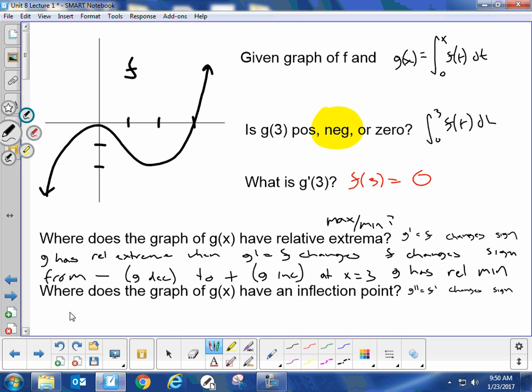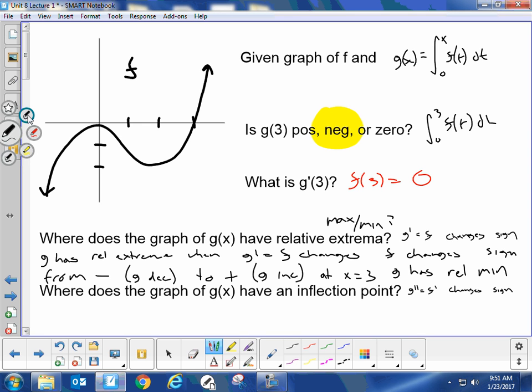The concavity changes, it looks like at 1, where we go from concave down to concave up on the graph of F. But when I look at values of F prime, do I look at concavity? What do I look at? Slopes. So it's when the slopes of F change sign. We go from positive slopes to negative slopes to positive slopes. We change sign at 0 and 2. You're correct, just your reasoning was off.